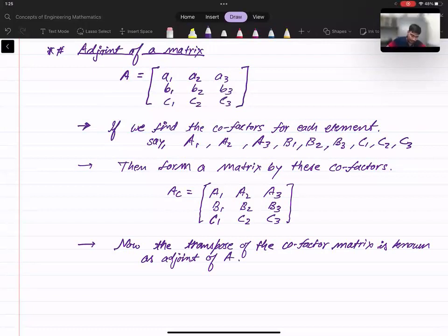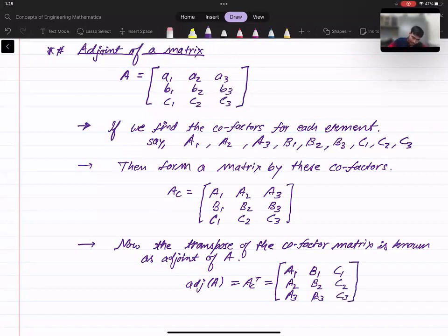And it is represented as adjoint of A, written as adj A. So this is nothing but the transpose of the cofactor matrix. And if we write this, this will become like this: A1, A2, A3. This is B1, B2, B3. We have seen what is meant by transpose, so I'm writing it directly. So C1, C2, and C3. Okay. So this is known as the adjoint of the matrix.